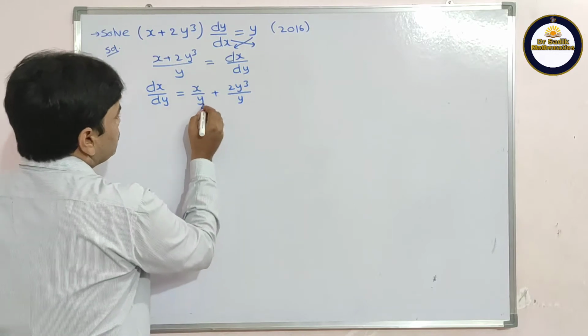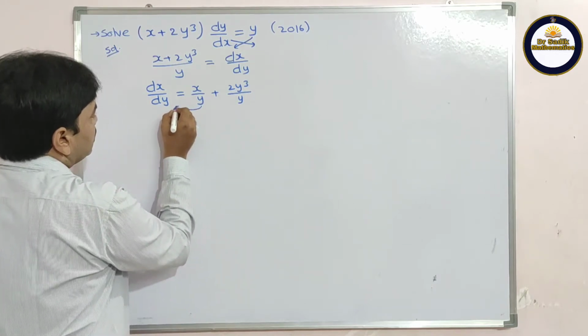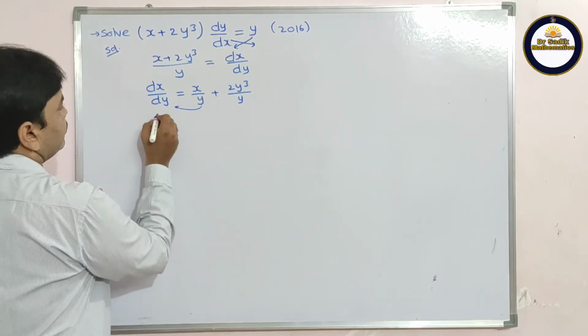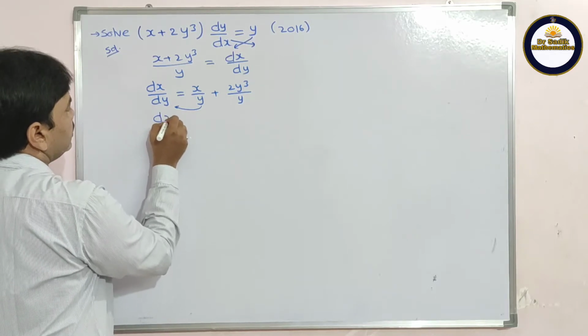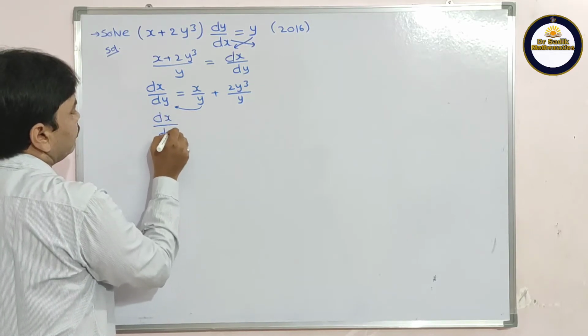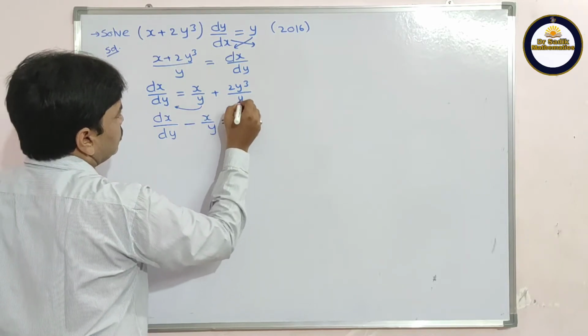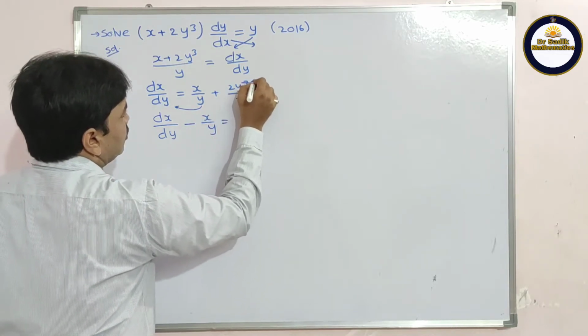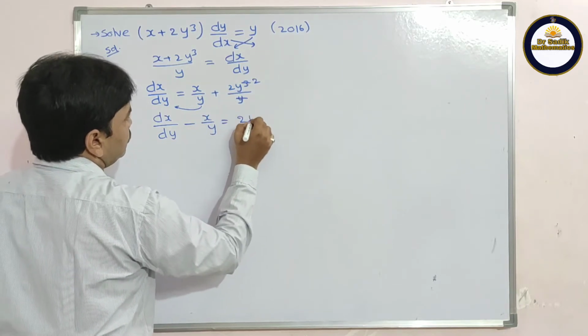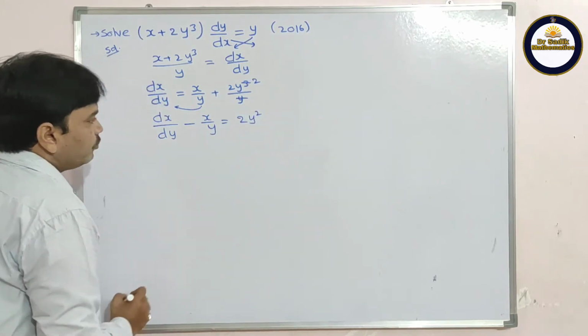Now transpose x/y to the left hand side. Then we get dx/dy - x/y = 2y^2, since y in y cube appears two times.